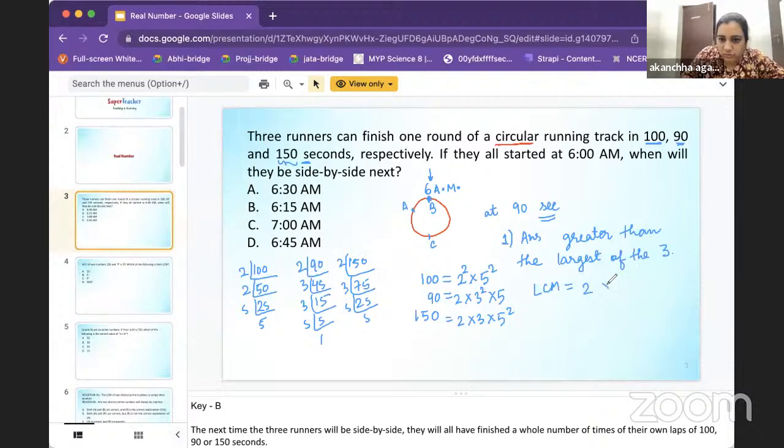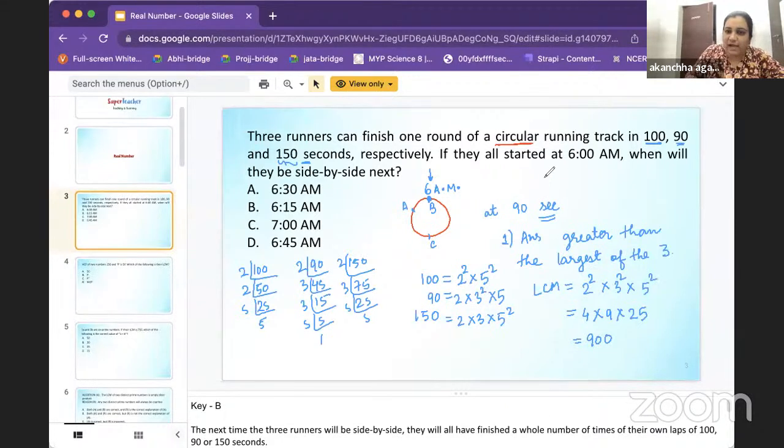We are seeing 2, 3, and 5, and we'll put the largest power. So 2 square, because the highest power of 2 is 2. The highest power of 3 is 2. And the highest power of 5 is 2. So LCM of these three numbers is this. And if we solve it, we get 4 times 9 times 25, which is equal to 900.